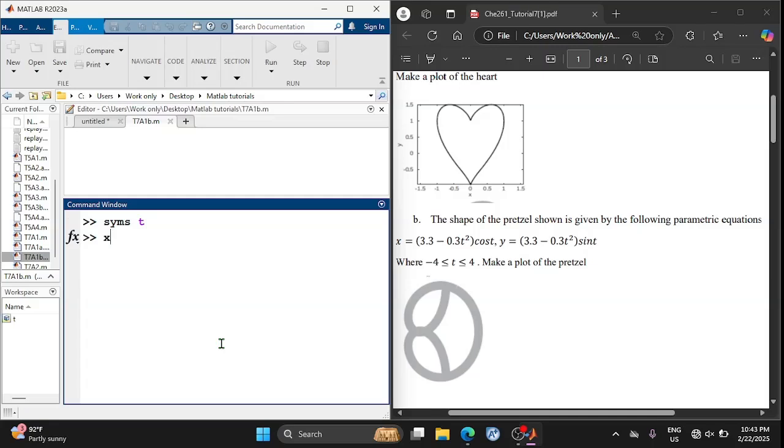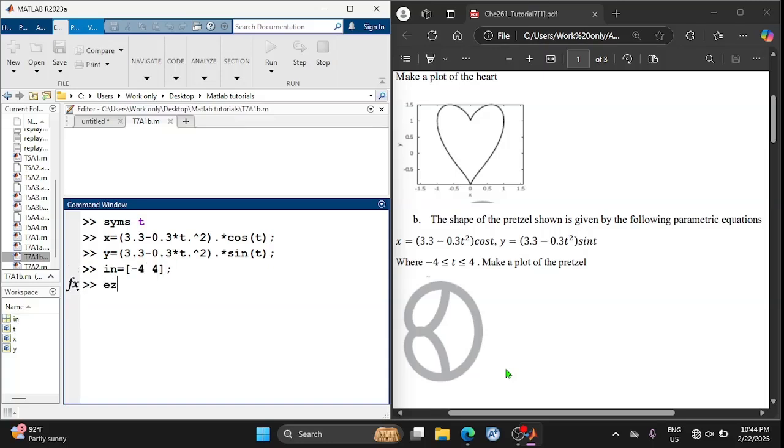Then I can say that my x is equal to (3.3 minus 0.3 times t) squared, times, so dot star, cos t. So that's my x. Y is the same expression, but instead of cos it is sin. So I'll make this y. Now my interval is from minus 4 to 4, so interval is equal to minus 4 to 4.